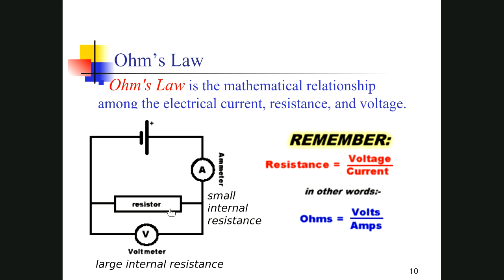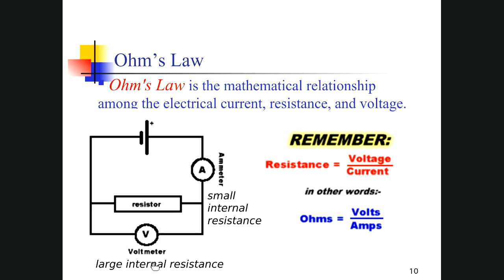But look here, for a voltmeter, since we use it to measure voltage across the resistor, we should make the voltmeter's internal resistance much larger than the resistance of the resistor.